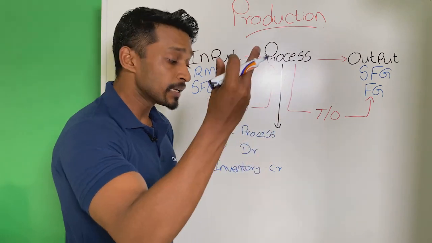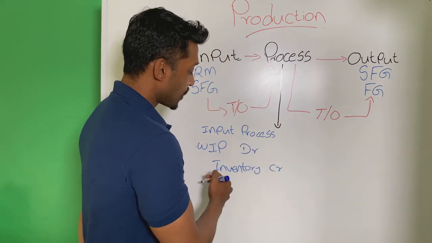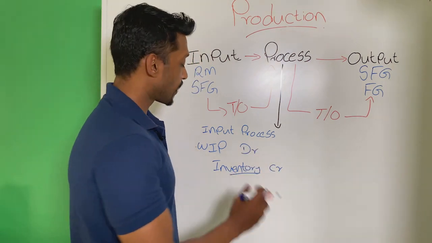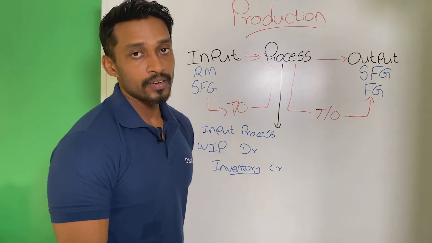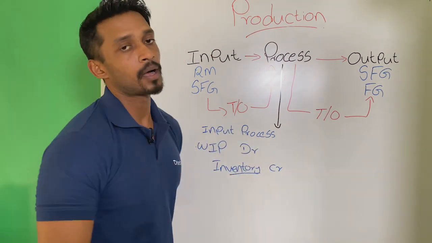At the moment it's not raw material anymore. That's why we are removing it from the inventory account, that's why we credit the inventory account. Then it comes to the WIP account.